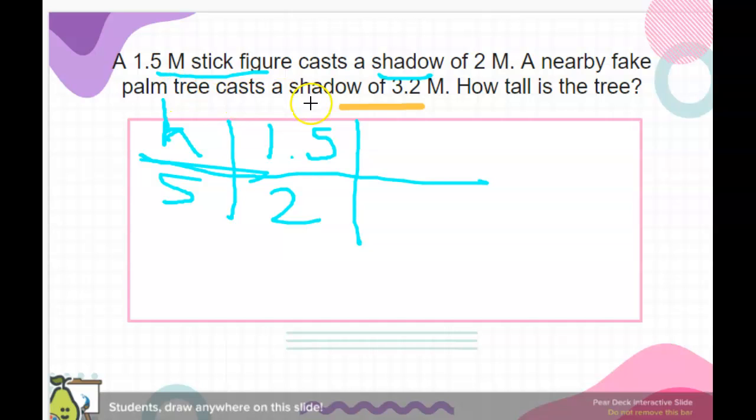The nearby fake palm tree casts the shadow of 3.2, so the shadow would be on the bottom because that's what I said. And then you would cross multiply and you would divide. So 1.5 times 3.2 gets me 4.8, and then I would divide by 2, which would get me 2.4.